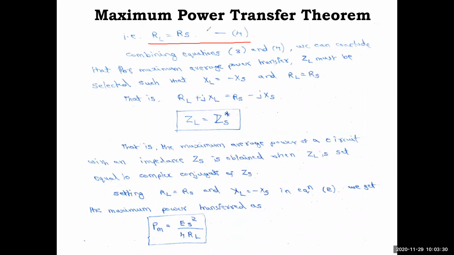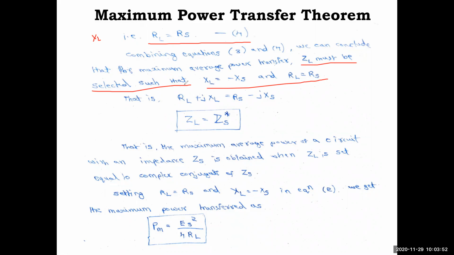Now combine equations 3 and 4. From 3 what you got? XL is equal to minus XS. And RL is equal to RS from 4. Combining equations 3 and 4, we can conclude that for maximum average power transfer, ZL must be selected such that XL is equal to minus XS and RL is equal to RS.